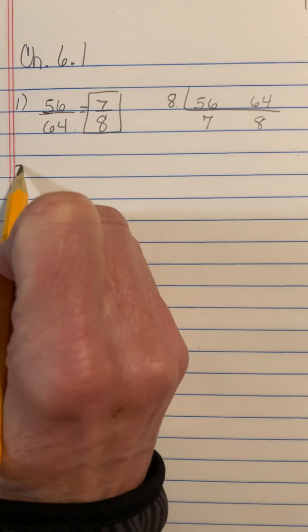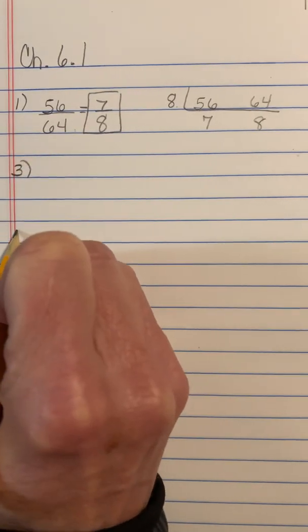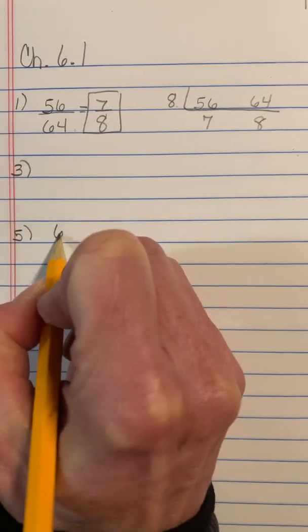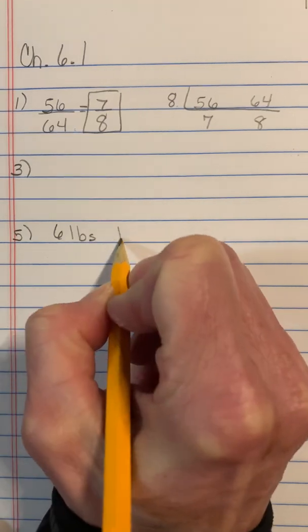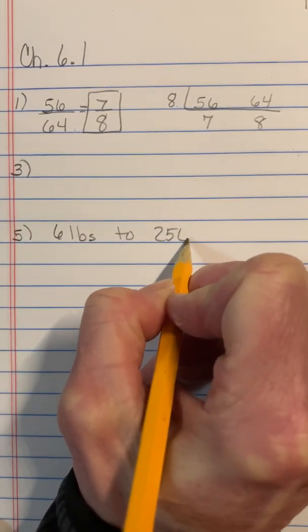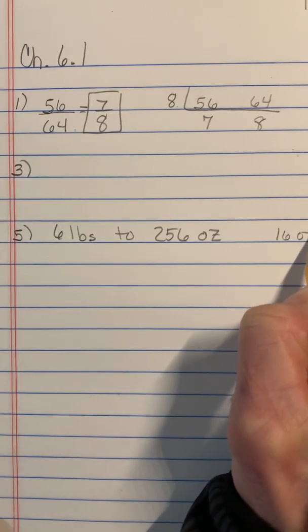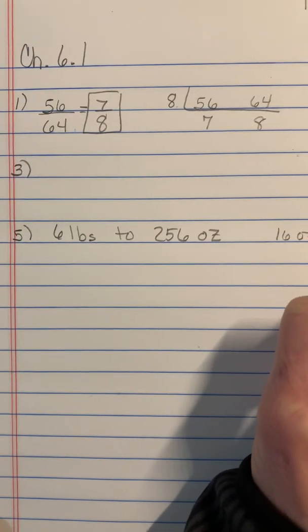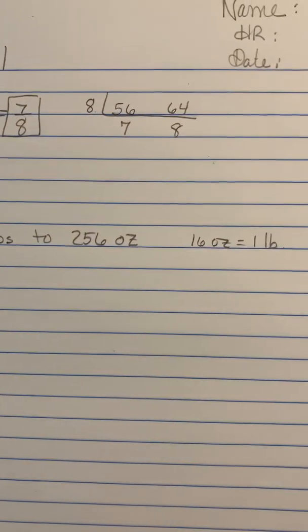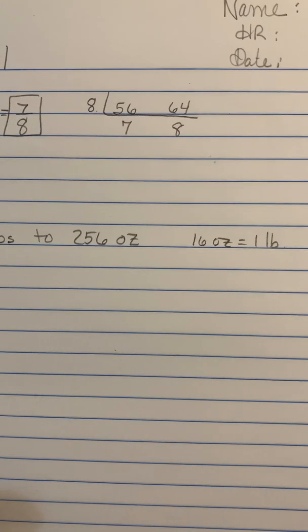So a question like number 5, where it's 6 pounds to 256 ounces, you have to remember there's 16 ounces equals 1 pound. If you don't know that, you can look in your math book to find that. You can actually Google search it, whatever you need to do to find that information out.